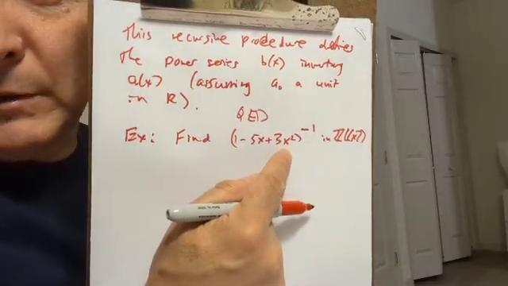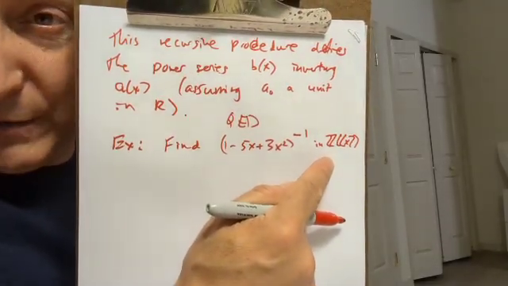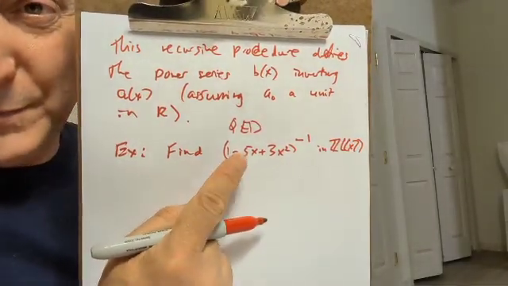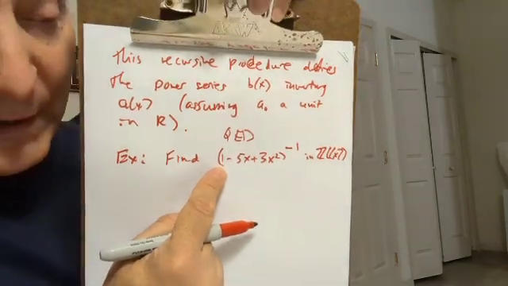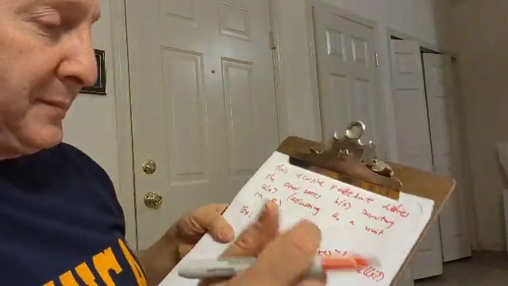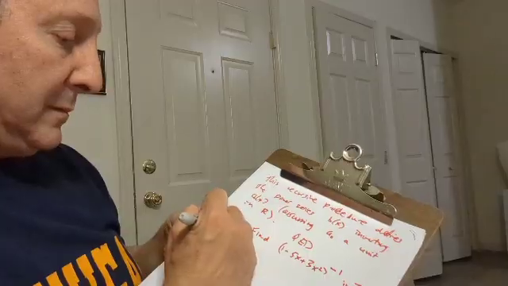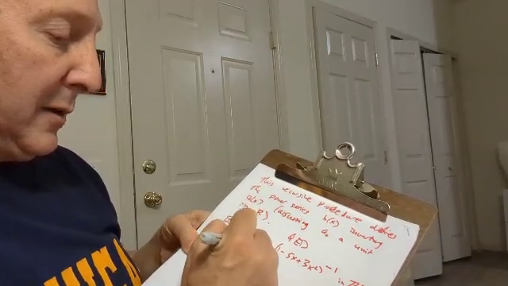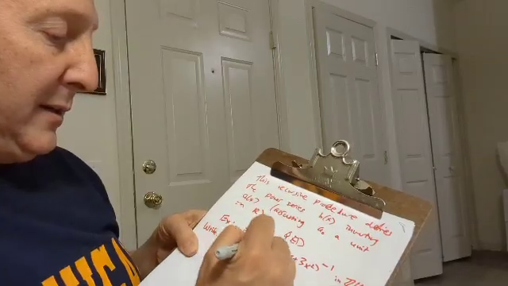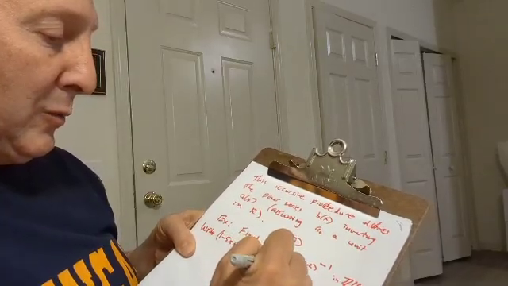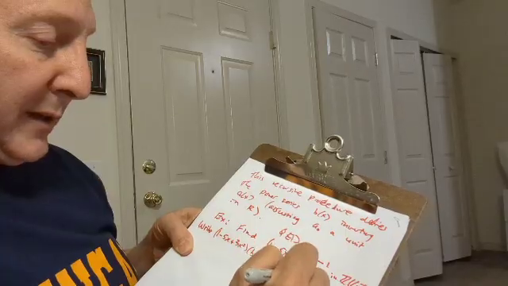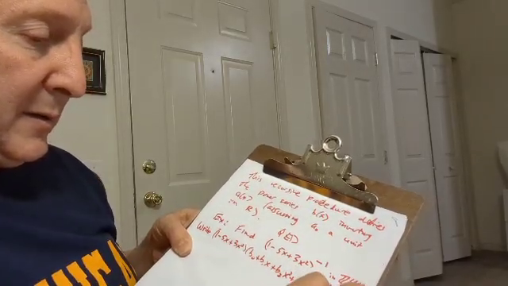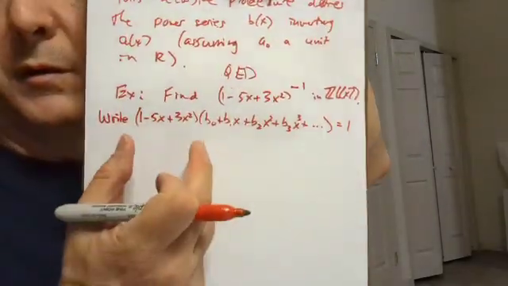For this to be invertible in that power series ring, we just need the constant term to be a unit. Now there's only two units in the integers, 1 and -1. We've got a constant term of 1, that means that we can invert it. So we'll write 1 minus 5x plus 3x squared times b0 plus b1x plus b2x squared plus b3x cubed, etc. equals 1.